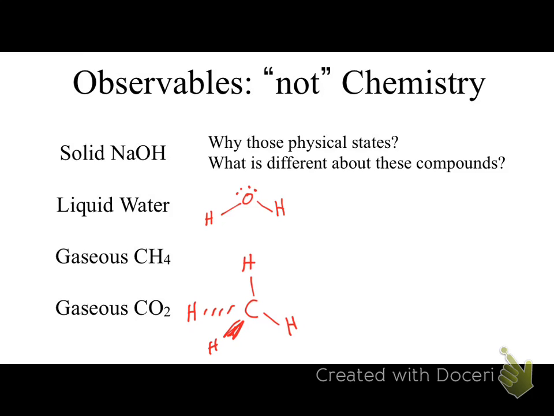Roughly the same molecular weight, but one is in liquid phase, the other one's gaseous. So one has virtually zero interaction with other molecules, the other one is interacting fairly frequently, in fairly close contact with other molecules. Why? They've got the same weight.